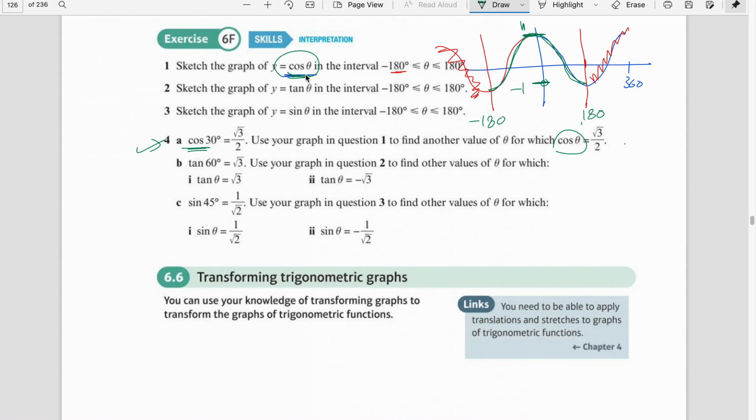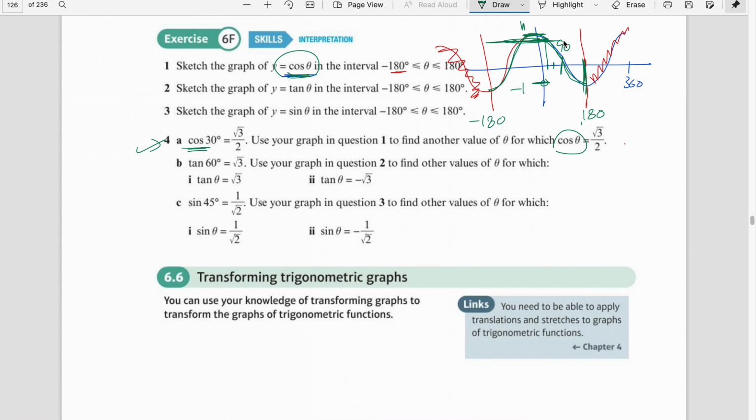Okay, we have this sketch, and cos 30 is square root 3 by 2. Now see, this is 180 right here. So this should be 90, and this should be 30 and 60. So if I have this 30, and this value right here is square root 3 by 2.